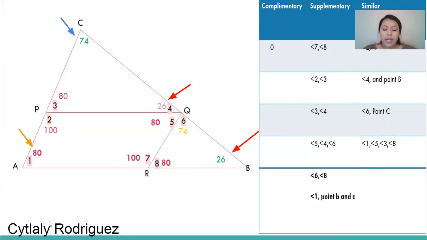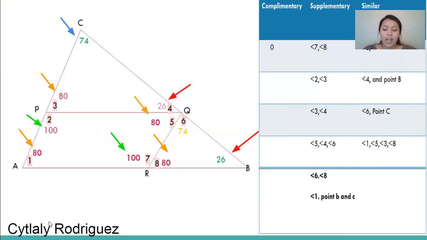Angle 3 and angle 8 are corresponding to one another, making them both 80 degrees. Angle 2 and angle 7 are congruent, which both are 100 degrees. Angle 5 and 3 are alternate interior angles, so angle 5 is congruent to angles 1, 3, and 8, equaling 80 degrees.